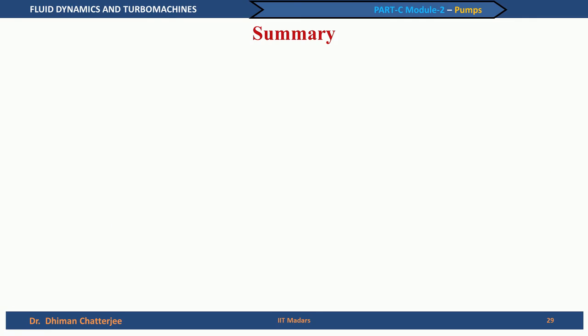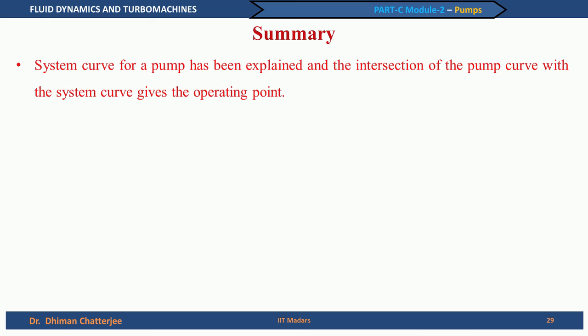So, we have discussed so far the requirement of a pump system, or the piping head losses, which we call the system characteristic curve. We have also discussed the series and parallel operations. To summarize, the intersection of the pump curve with the system curve gives the operating point.